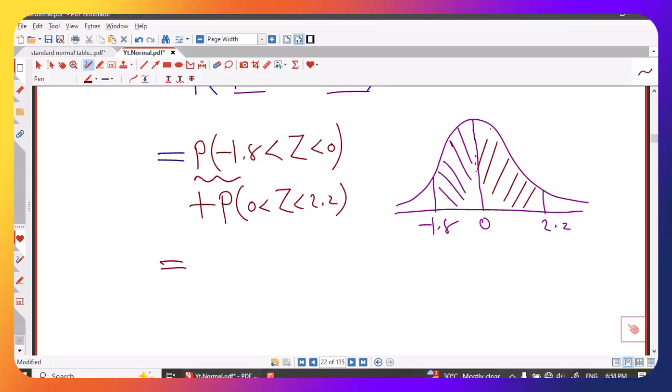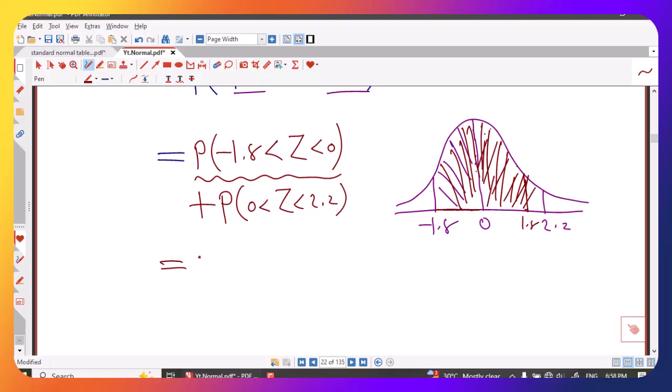Now if you observe, this area is equal, due to symmetry, to the area between 0 and 1.8.